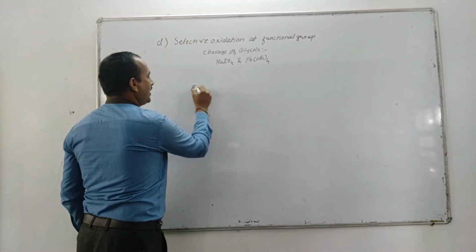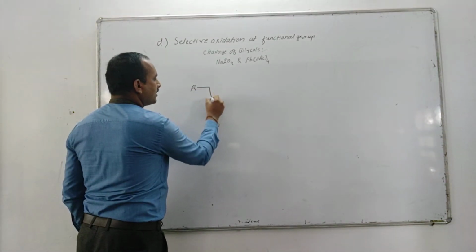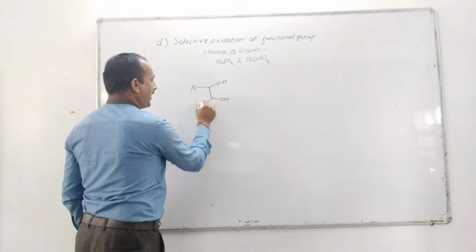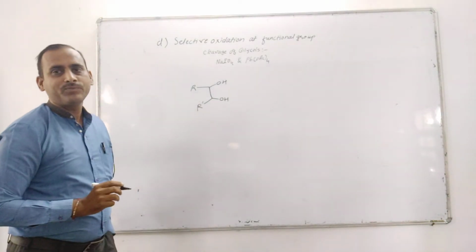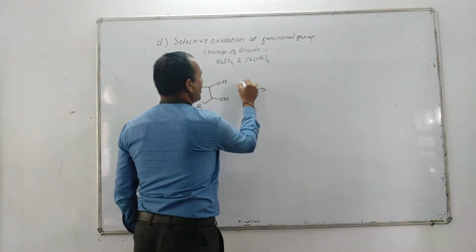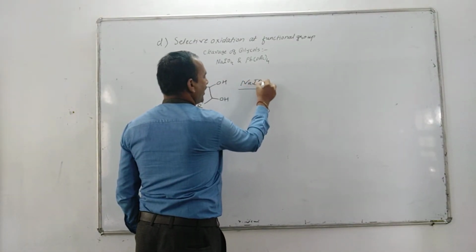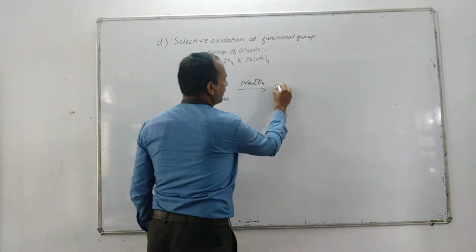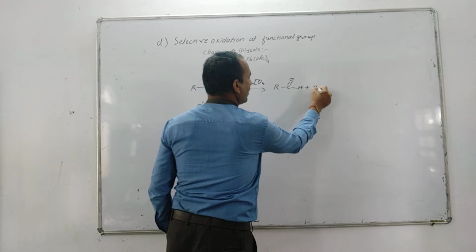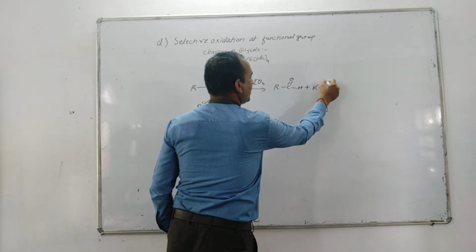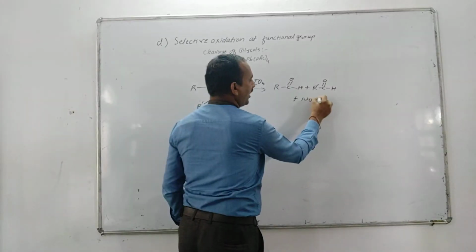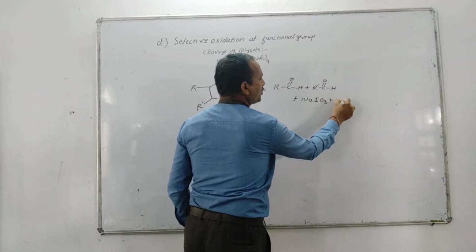R, OH, R dash. So this glycol, that is diol, on oxidation by using sodium periodate, gives RC double bond OH plus R dash C double bond OH plus NaIO3 plus H2O.